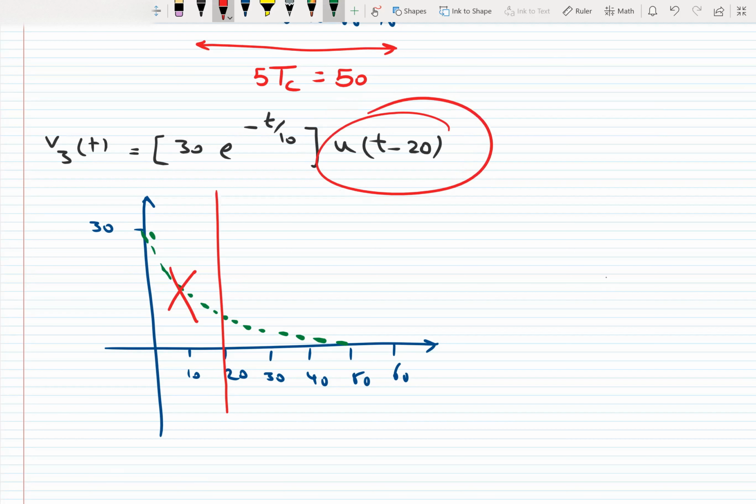And the only part of the signal which we will have is this part of the signal.